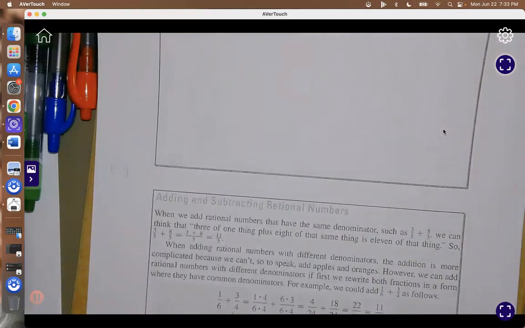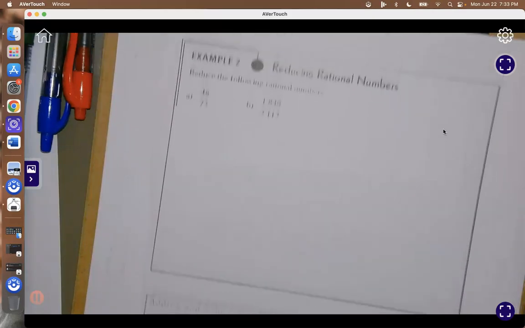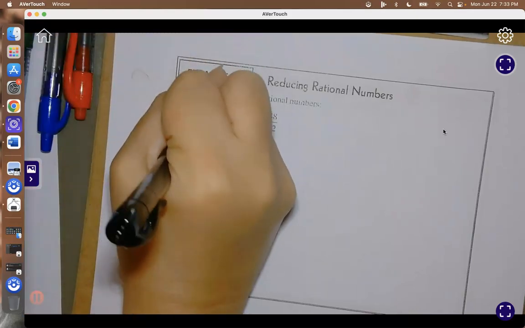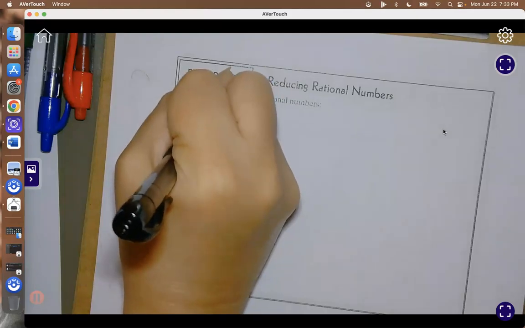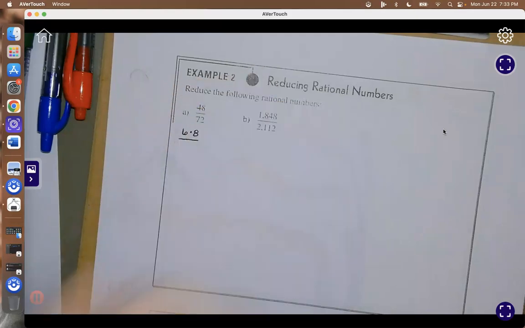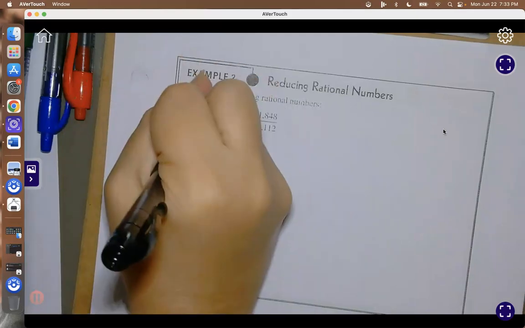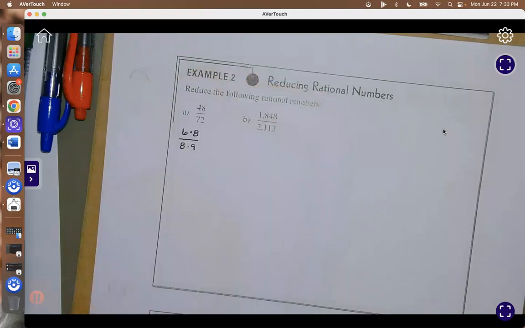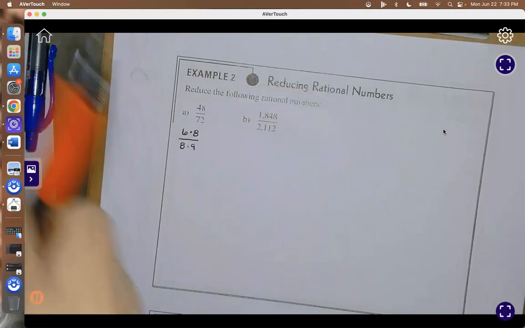All right. So we're moving on to this right here. So let's see, 48. You can do 6 times 8. And we ask, can we divide either 6 or 8 into 72? The one that we know very easily is 8 times 9. Yes, 6 will go into it, but 8's a little bit bigger number.